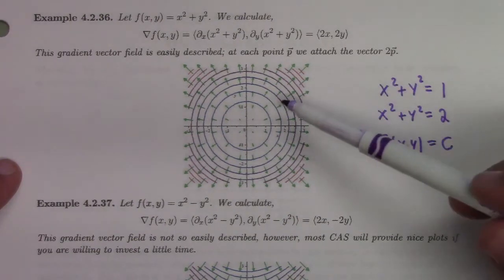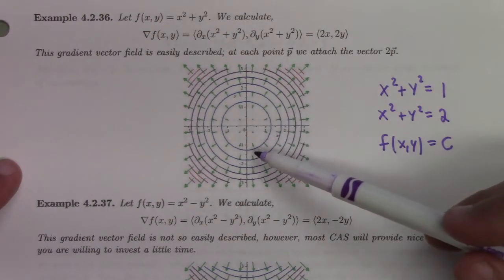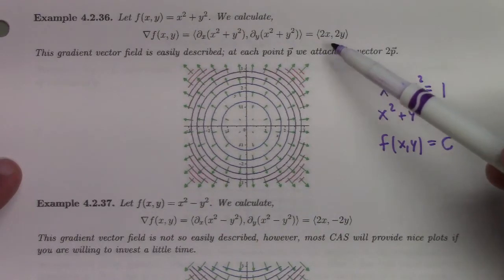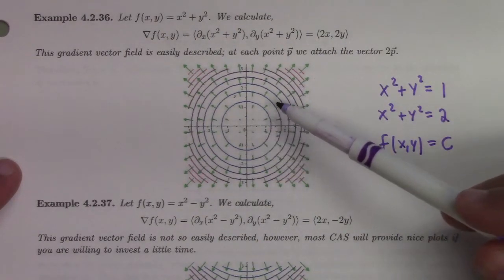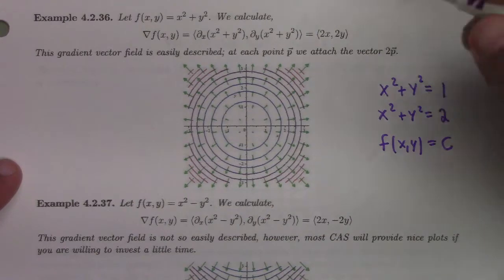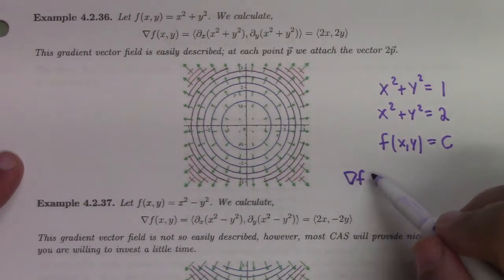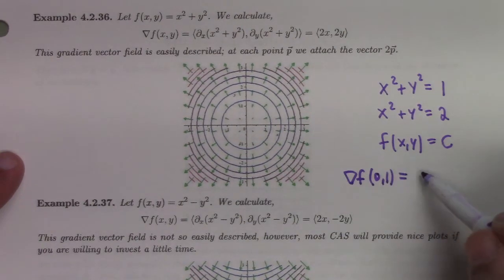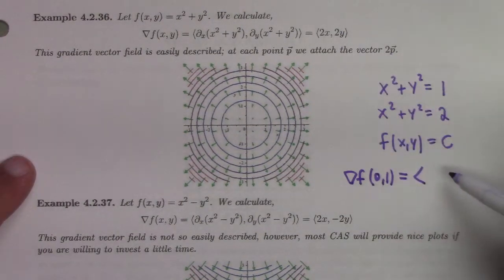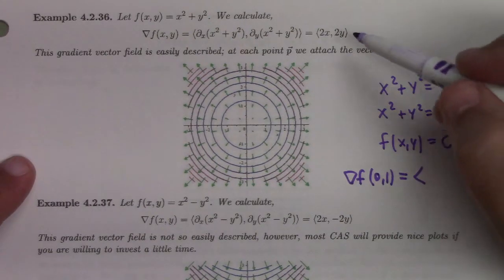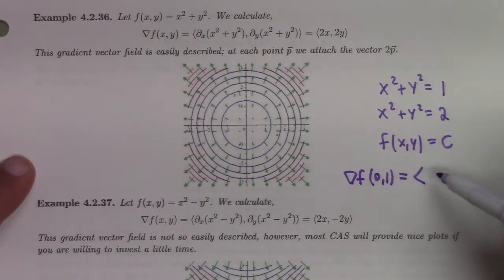But these little arrows, they're pointing in the direction of the gradient vector field. So you see what's going on. For example, just to calculate one of them, the gradient vector field at the point, let's say (0, 1), would be equal to, let's see here, we plug (0, 1) into (2x, 2y), so x equal to 0, so we get 0, and we get 2, because 2 times y, which is 1, is 2.